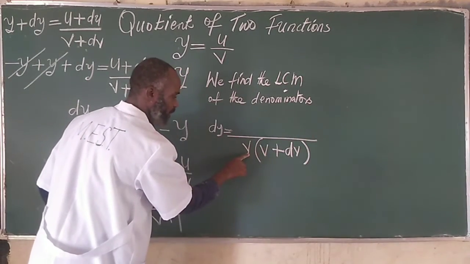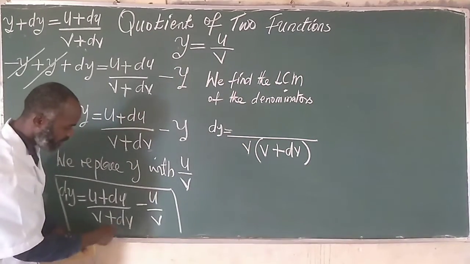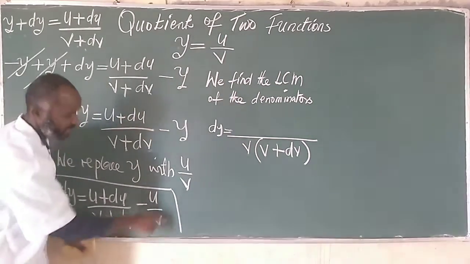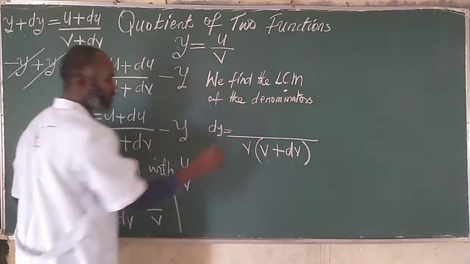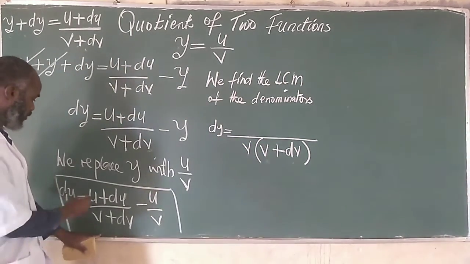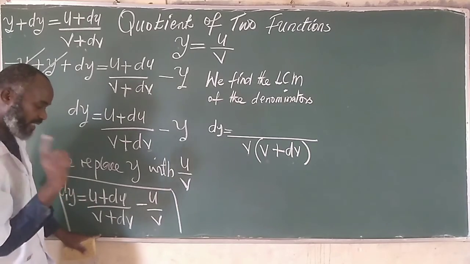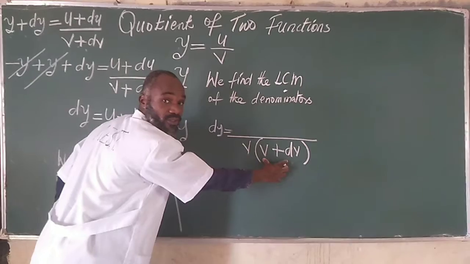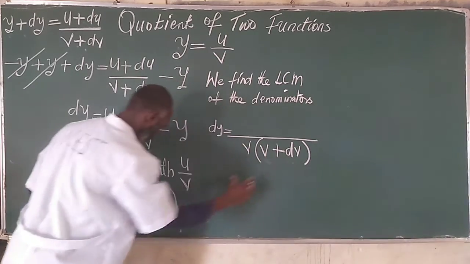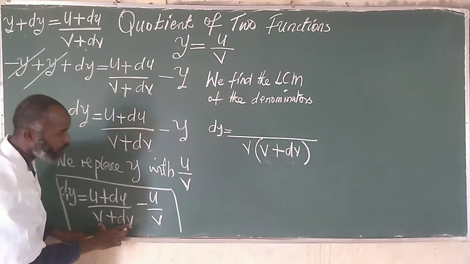Look at it. The v comes here and is going to cancel v, and this is left. We now use this to multiply whatever we have there. Let's start with this factor. This factor nullifies this, and we are left with v.